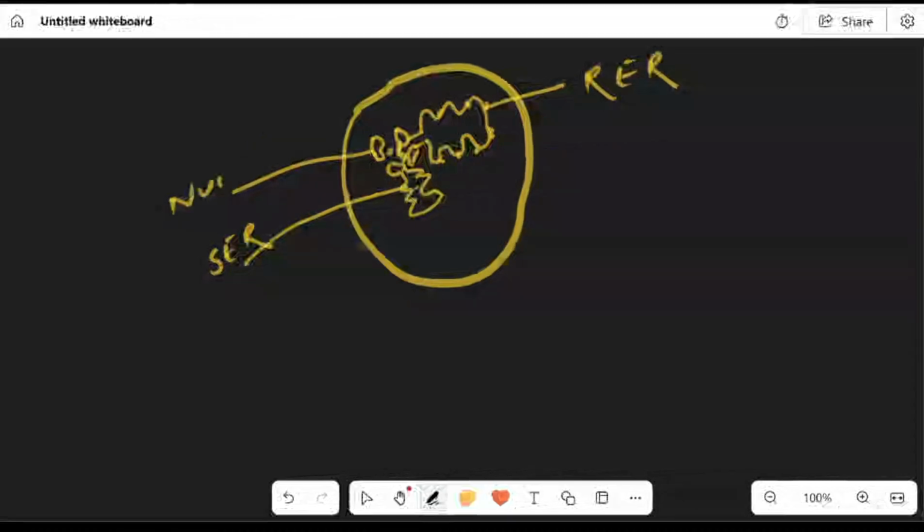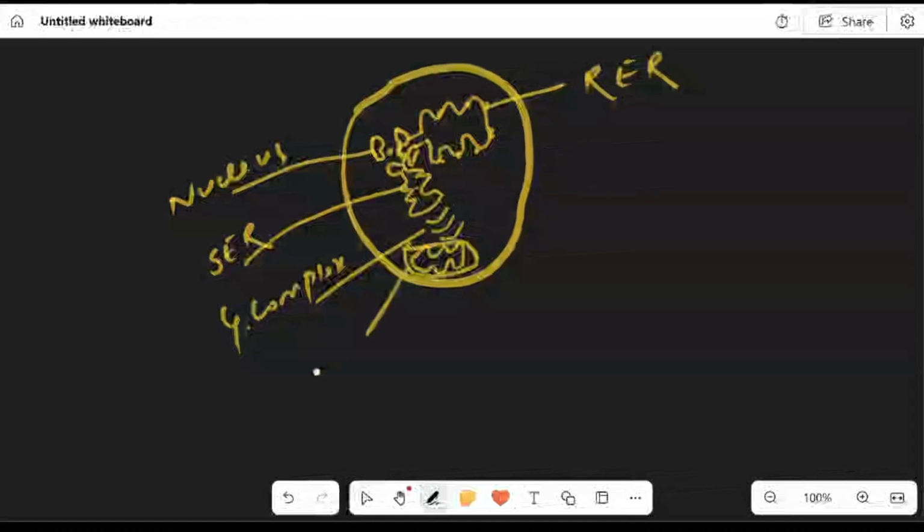Here we have the nucleus, the whole one. After that we have the Golgi complex. Then we have the most important one, mitochondria. And then we have chloroplast.